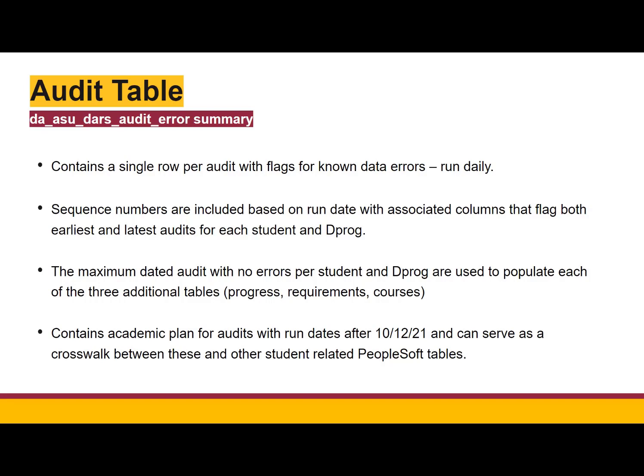So we no longer will have any academic plans for audits prior to 10.13.21. Of course, in most instances, if a student is active, they're going to have an audit in the last year, so in most cases you won't have that issue. I do have examples that show that issue, but just a poor choice of an example.